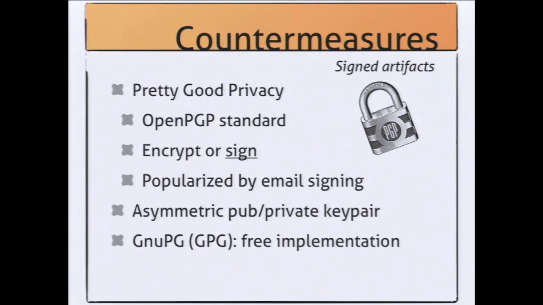It's a product that goes a long way back, and it's used for either encryption or signing artifacts. And in this case, we're of course not so interested in encryption because we're downloading open source anyway, so no need to encrypt. But we're really interested in the signing part to ascertain the authenticity of an artifact.